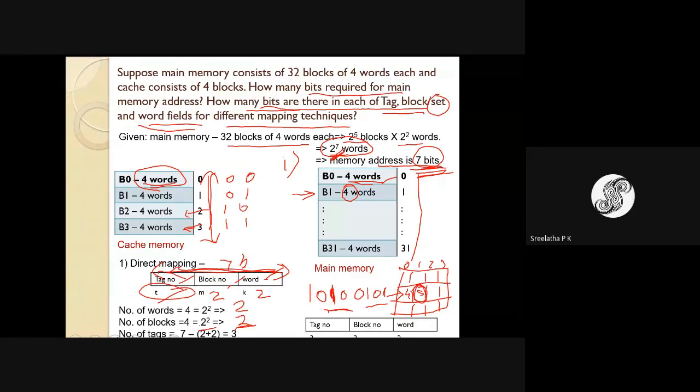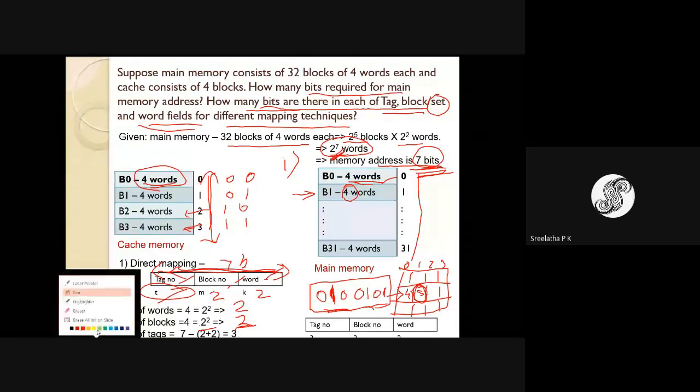Now, how is this address mapped in direct mapping? You can see how it is mapped in direct mapping.